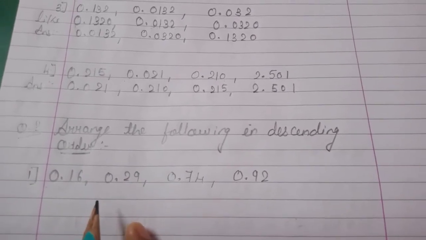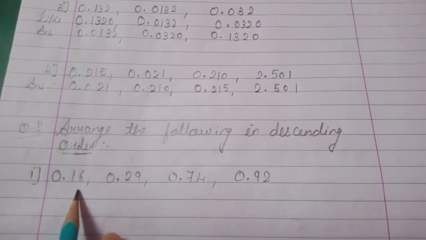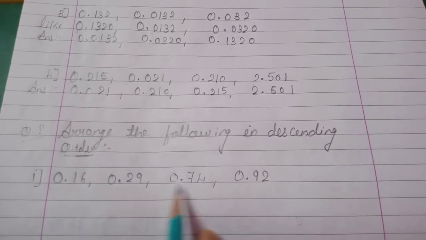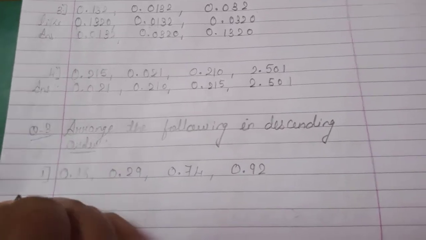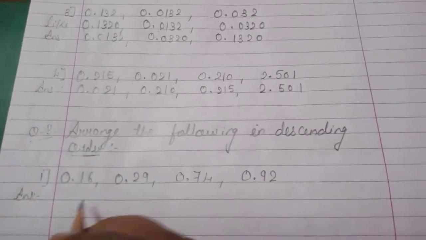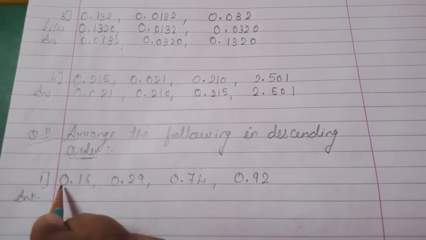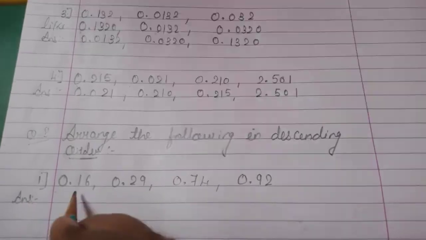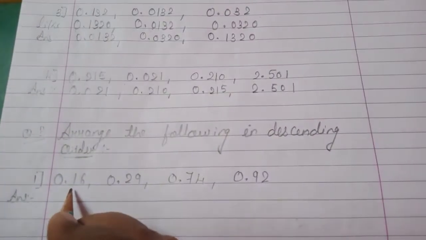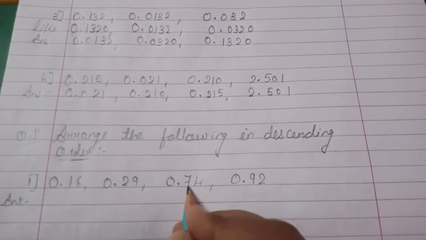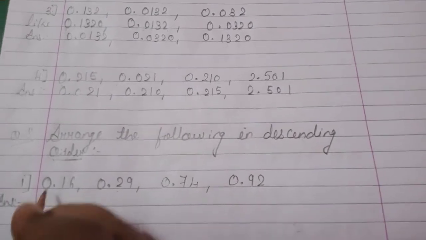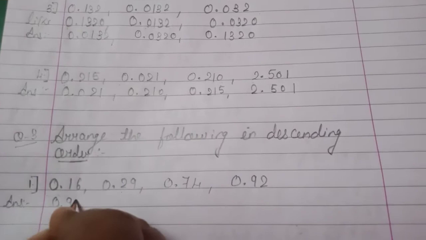First we have to arrange in like decimals, but here they are already like decimals. After the decimal point, 2 digits are there, so we will directly compare. Before the decimal point the number is 0, 0, 0, 0, so we will compare the tenth place digit, that is 1, 2, 7, 9. Which one is the greatest? 9. So we will write 0.92.